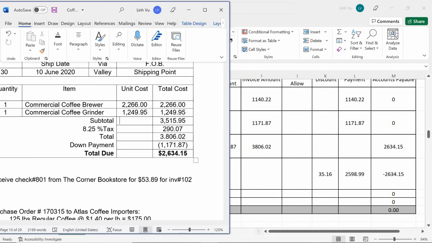So we end up receiving money. So we received a payment for invoice number 102.